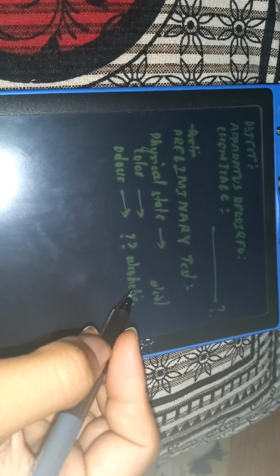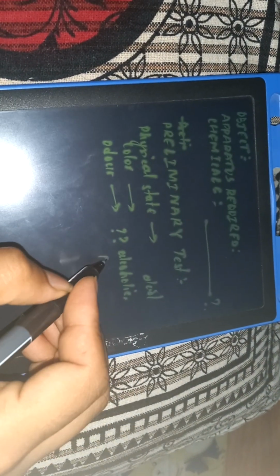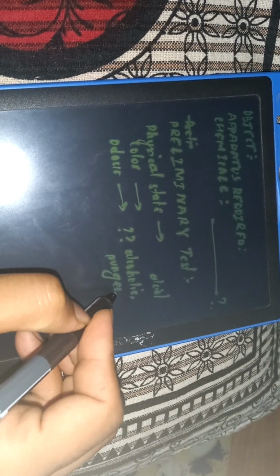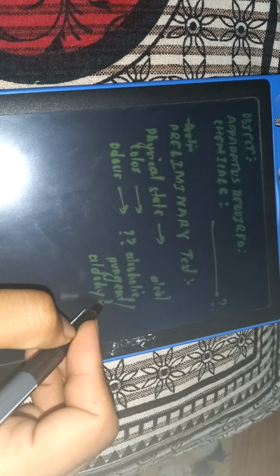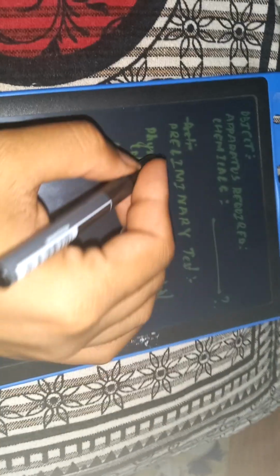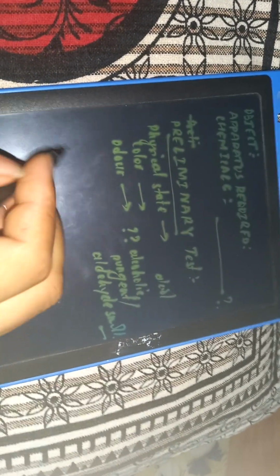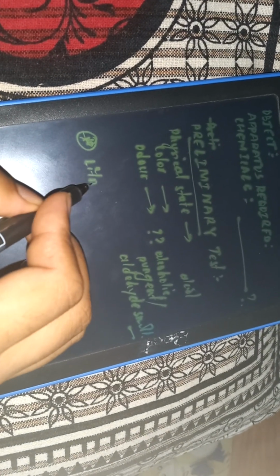If it is aldehyde or carbonyl group, then it is a pungent smell, or you can write aldehyde smell. It is simple to write aldehyde smell. Then for the preliminary test, the first important test is the litmus test.